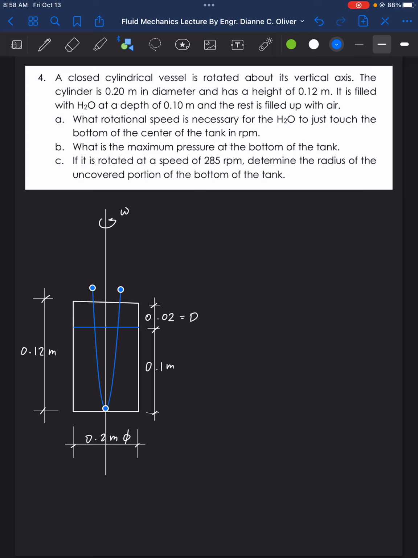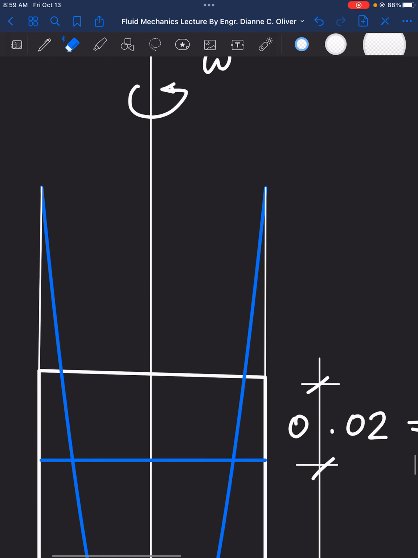Now when that happens, since this is a closed container, we will have an imaginary line here. Why is there an imaginary line? Because that is the assumed height that the water can reach when you rotate it at that speed. So we have an imaginary height there, and let's use a broken line for that.